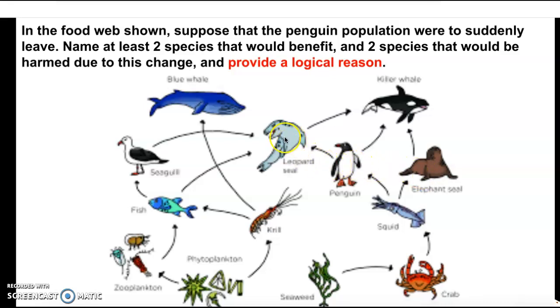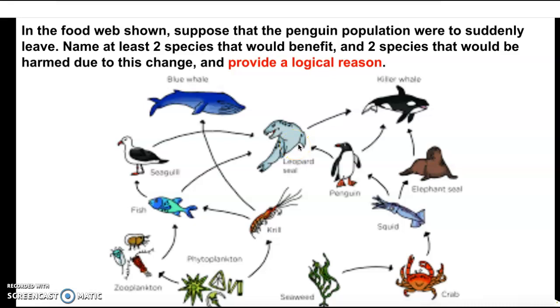Now I'm going to look towards the leopard seal. The leopard seal, I'm going to say, is going to be harmed. I think if the penguins leave, that's going to be a bad thing for the leopard seal. I'll give two reasons for that. One is because penguins were one of its food sources. The arrow here shows that leopard seals eat penguins. So if one of the food sources is gone, then the leopard seal will be harmed.